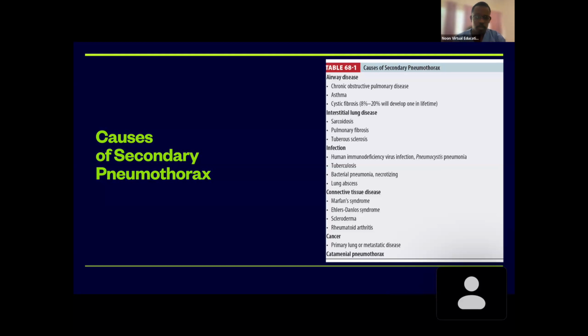So you need to rule out these causes immediately when you find a pneumothorax in any patient, for example asthma or cystic fibrosis, because the management of pneumothorax depends on the underlying cause. You need to rule out the cause first, then determine it, and then intervene.